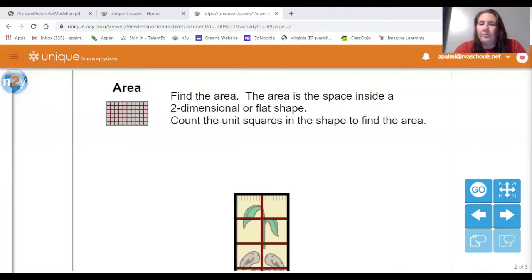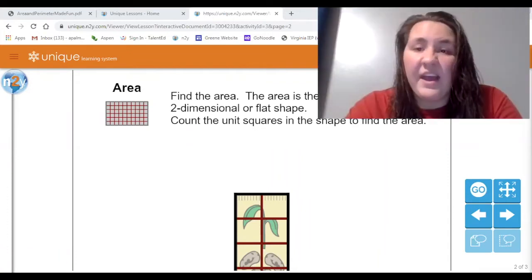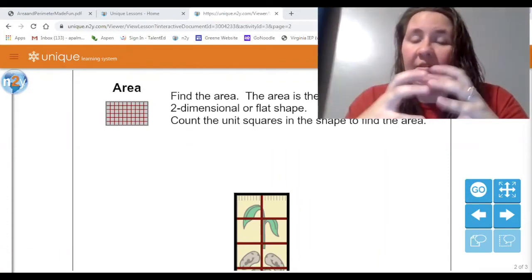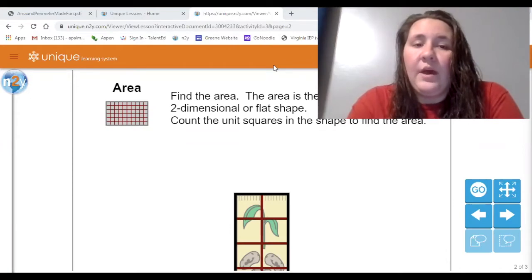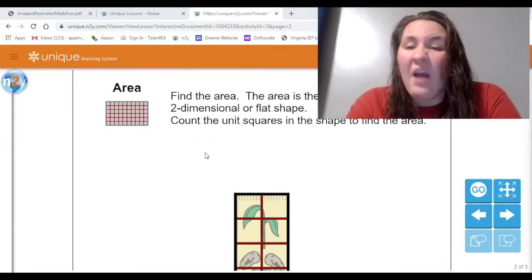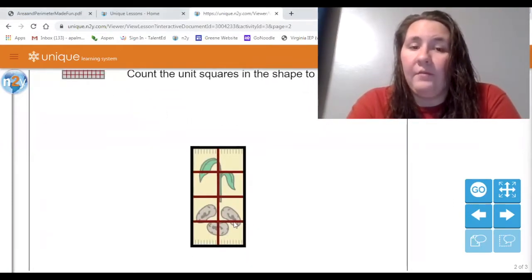First, I'm going to do a really quick review of area and perimeter, and then we'll go into working the problems out. So remember, area is the inside, the space inside. So when you find the area, you're going to count how many square units you have.